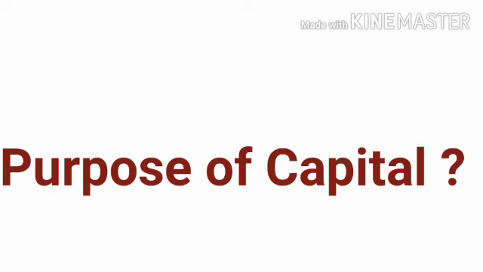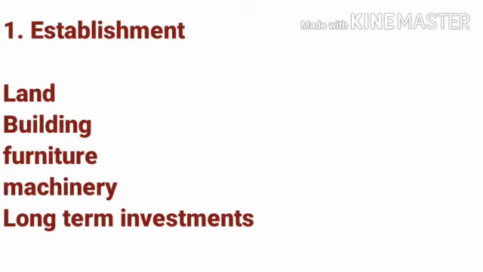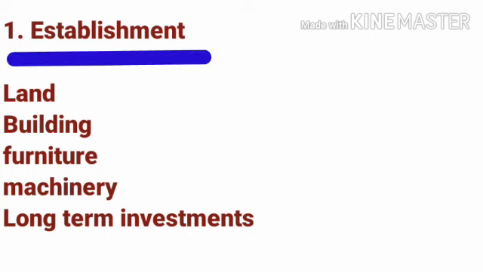Business requires capital for two purposes. One is for the establishment and the second one is for the day-to-day working. Establishment means for setting up the business, that is in the initial phase.